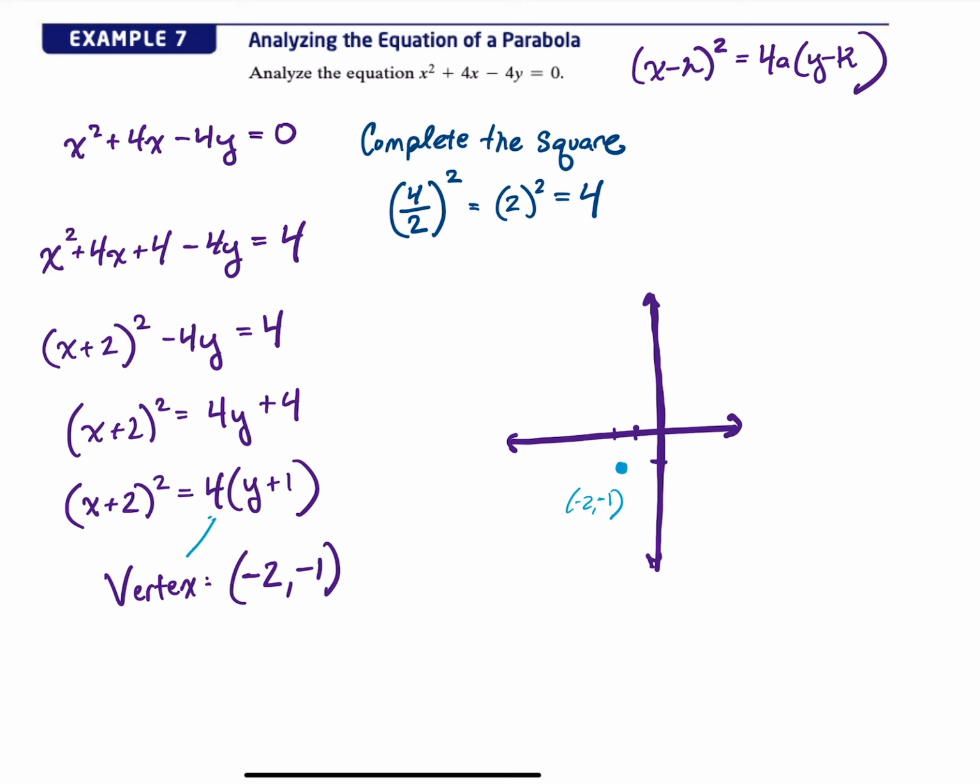And we have a positive value here, so that tells us it's going to open up. And if our a value is 1, that means our focus point should just be 1 unit above our vertex. That looks like the point -2, 0. And that means our directrix should be 1 unit below our vertex point.